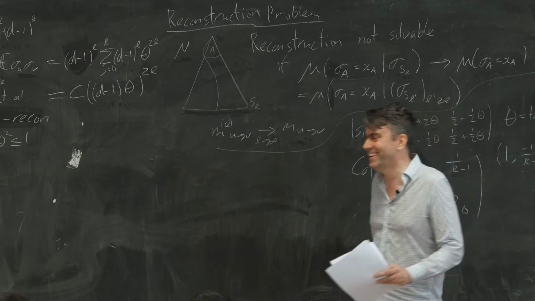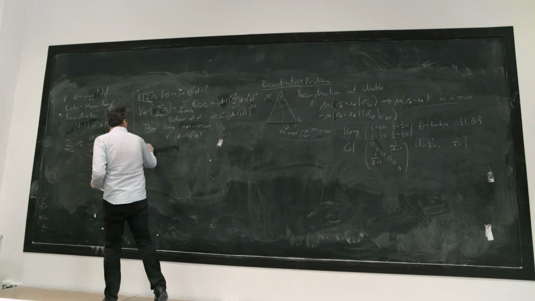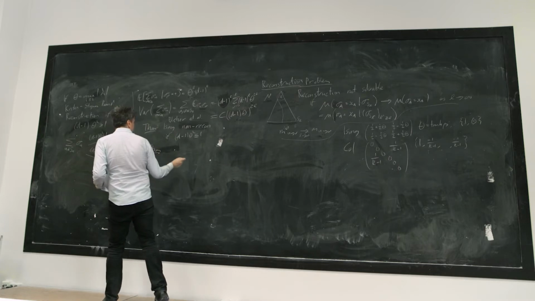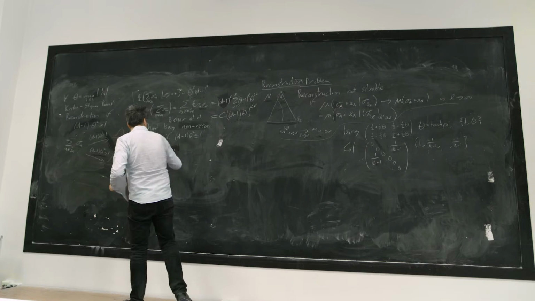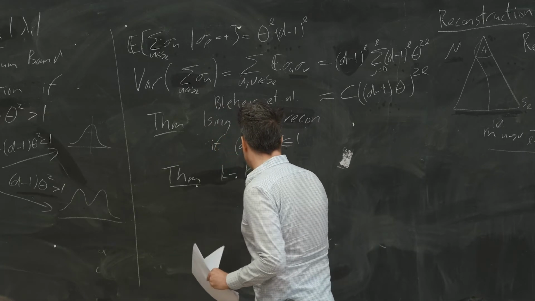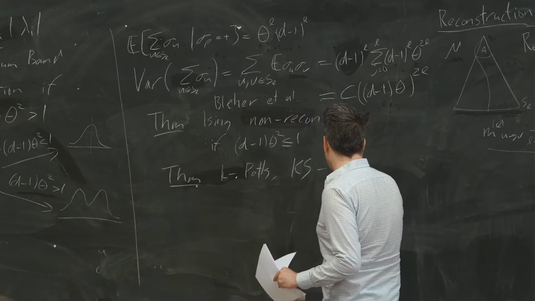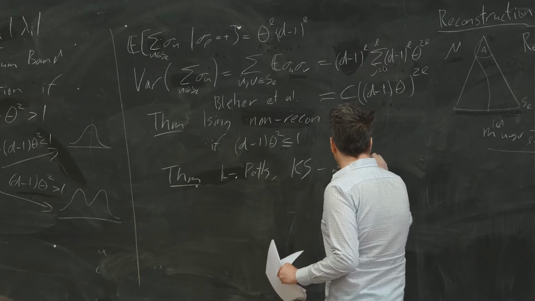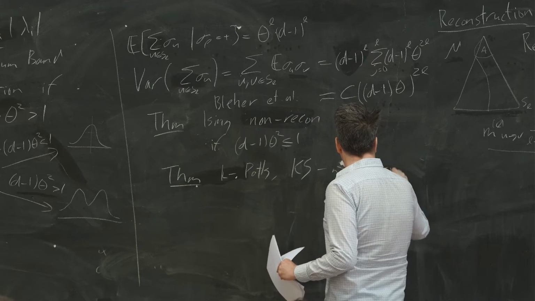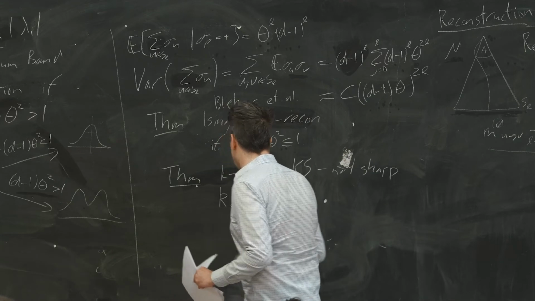So the theorem is that if you look at, let's say, the K-state Potts model, then Kesten-Stigum is not sharp when K is greater than or equal to 5.